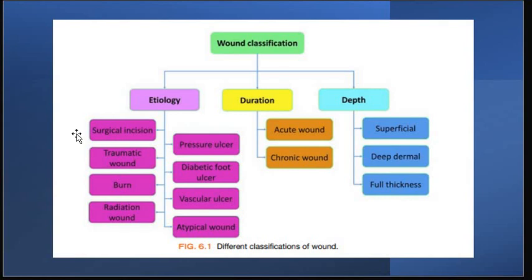The diabetic foot ulcer usually heals by taking more than 6 weeks, because most probably multiple layers of the skin are involved in diabetic foot ulcers. So that is the way we classify the wound, and that is the way we write and label the diagnosis of the wound. So this is the whole process of wound classification.